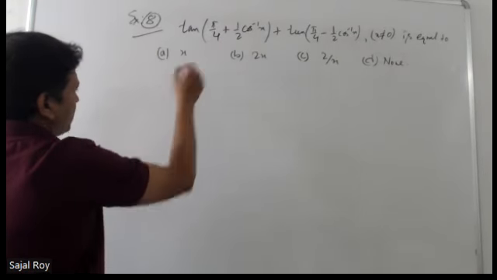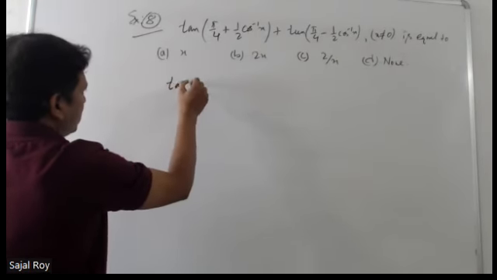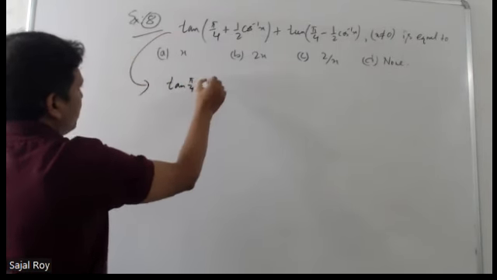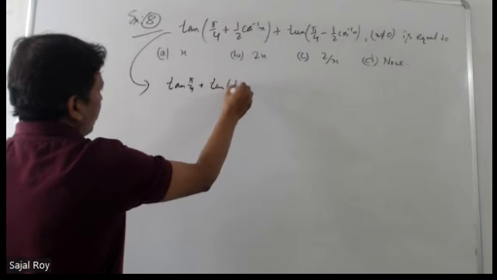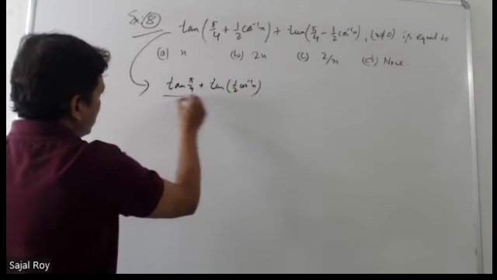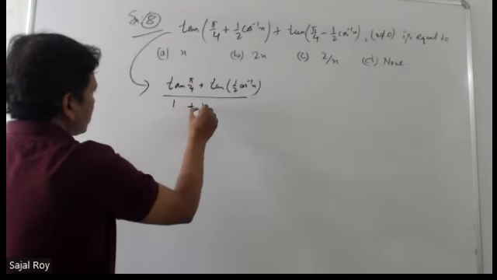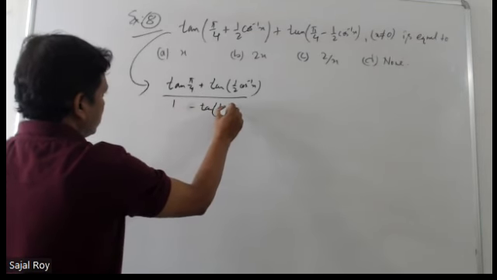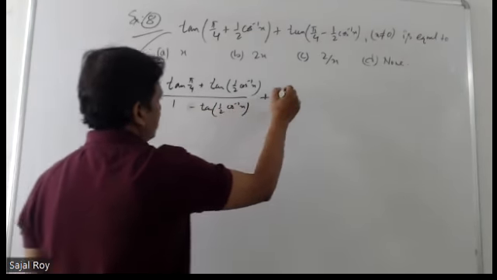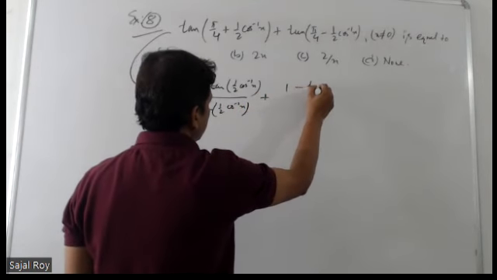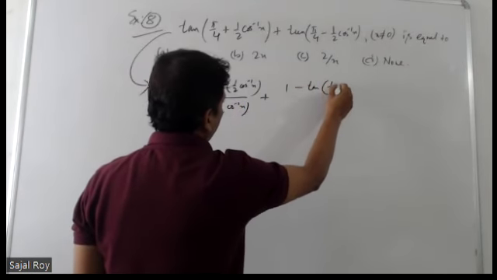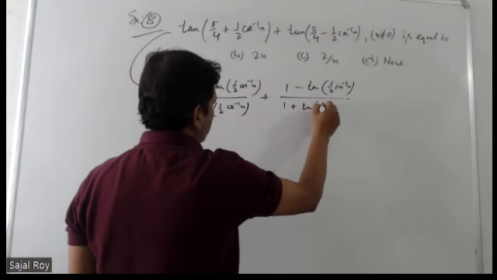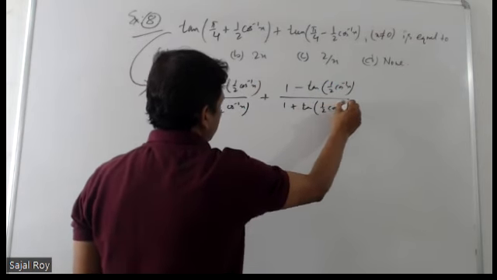So you can write tan (A plus B), right? Tan of pi by 4, your expression. This expression will be (1 plus tan of half cos inverse x) by (1 minus tan of half cos inverse x), plus (1 minus tan of half cos inverse x) by (1 plus tan of half cos inverse x).